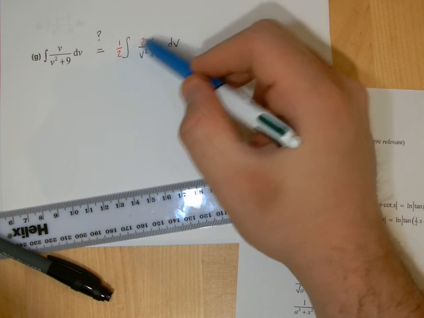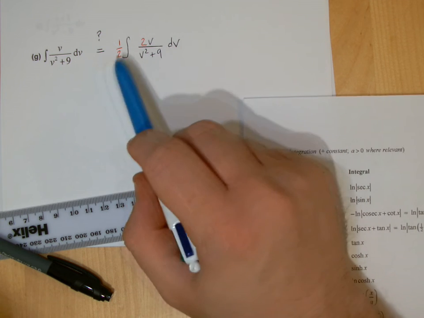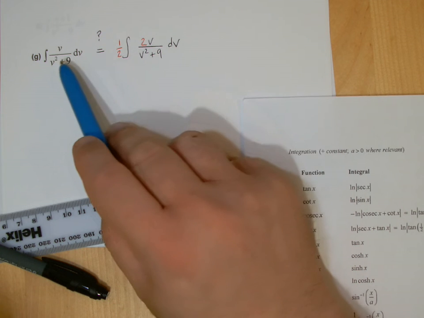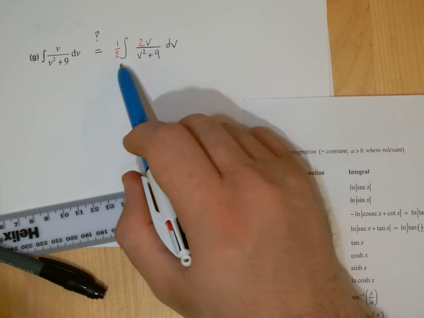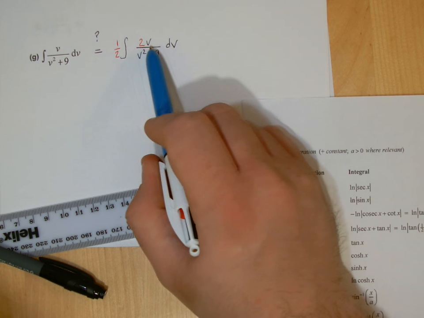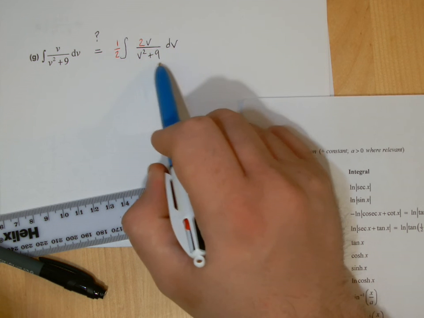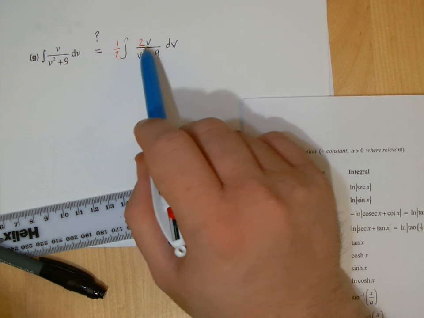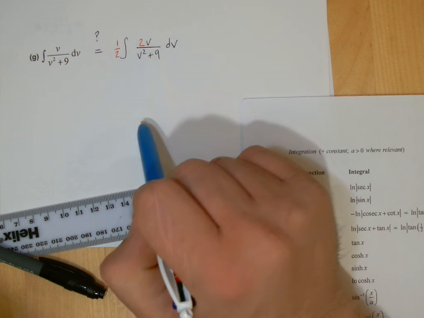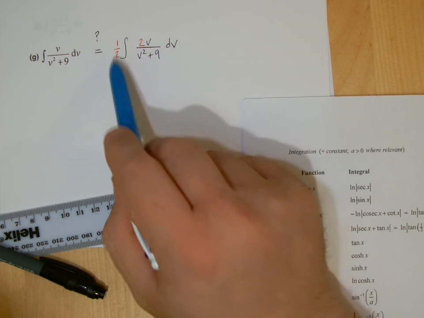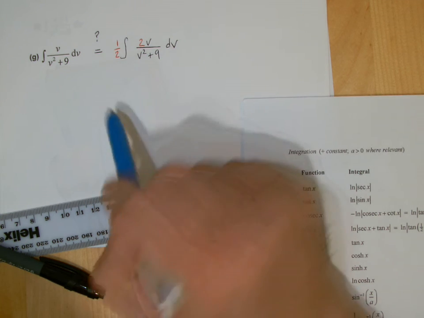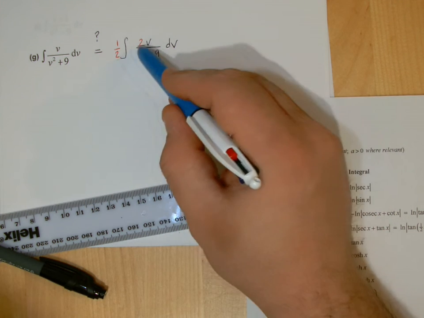Because I'm saying that this integral here, v over v squared plus 9 dv, is equal to half of the integral of 2 lots of v over v squared plus 9. Do you see where I'm coming from? I'm doubling v here, but then once I've formed the integral, I'm halving it. So we can say they're equal, and you just need to see that the 2's would cancel there.